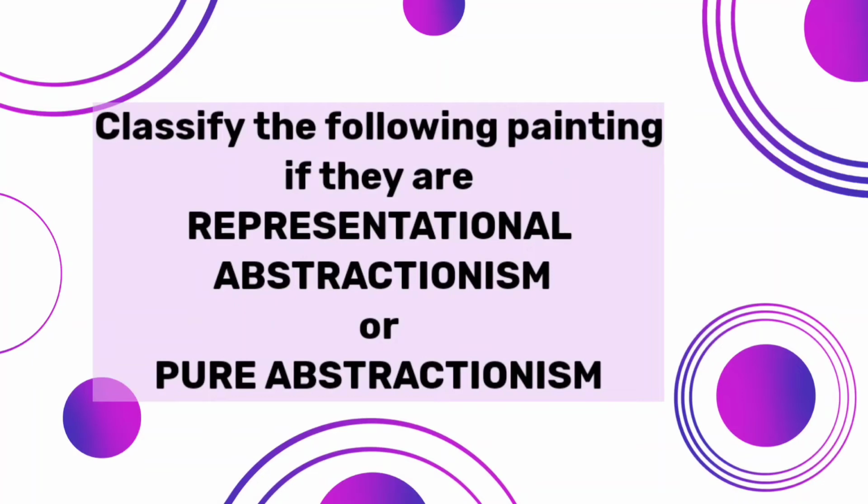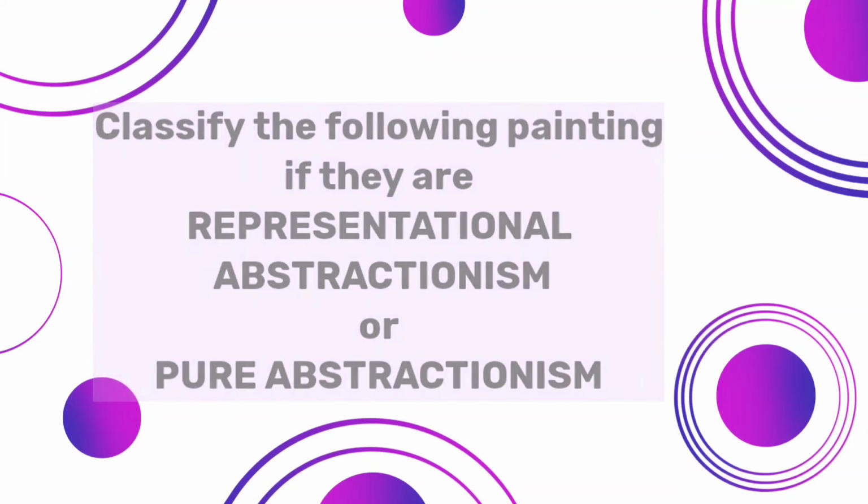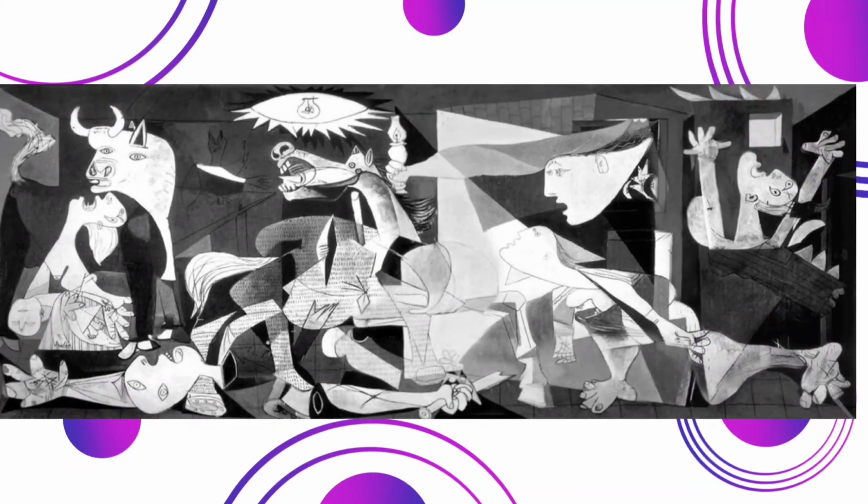Classify the following paintings if they are representational abstractionism or pure abstractionism. You are given 30 seconds to classify each painting. Here is painting number 1.